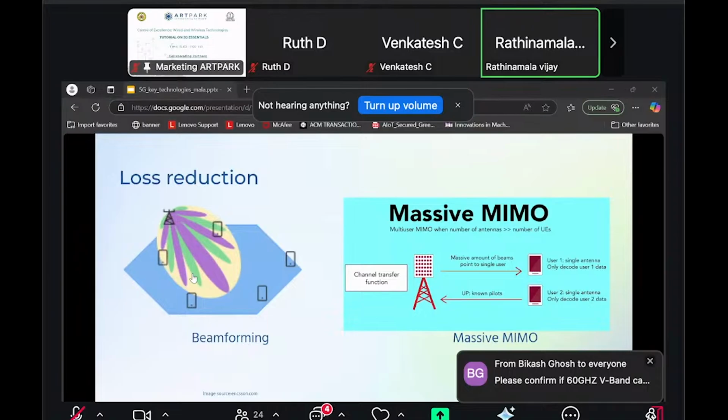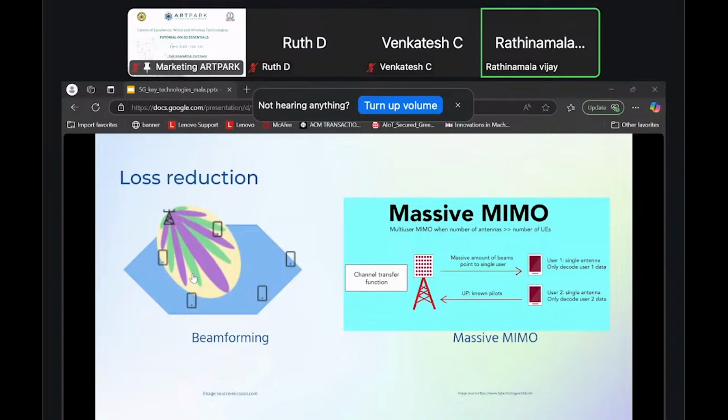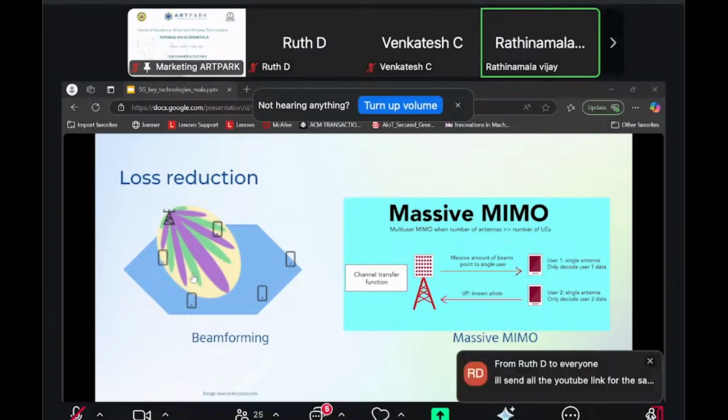So what I mean is that dual polarization helps us to adjust the phase and amplitude of each antenna element in the array, and leads to constructive interference in the desired direction and destructive interference in other undesired directions, so that there is a focused beam on a user equipment, and the signal quality is very good at the desired user equipment, right?